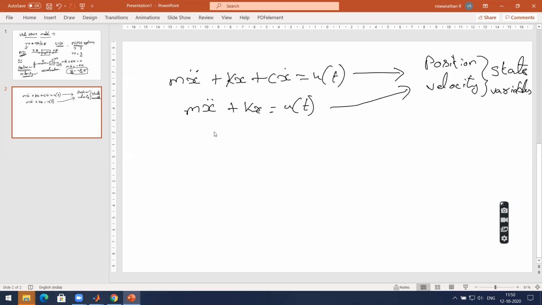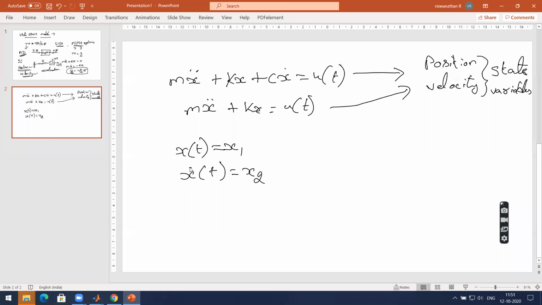Now what I'll do is I'll take the position x of t equal to x1, whereas x dot of t is equal to x2.